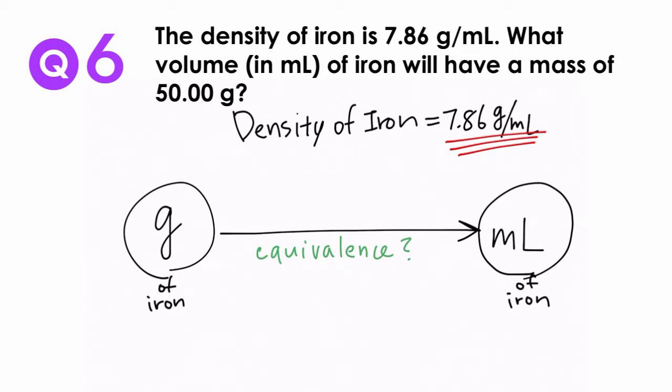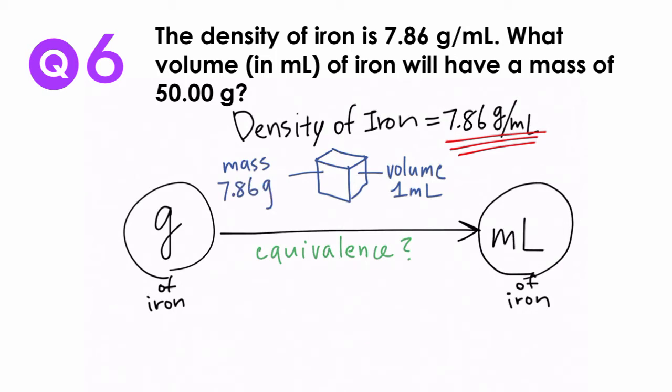What that means is each milliliter of iron has a mass of 7.86 grams, right? 7.86 grams per 1 milliliter. So you can use that relationship as the equivalence. 7.86 grams of iron is equal to 1 milliliter of iron.